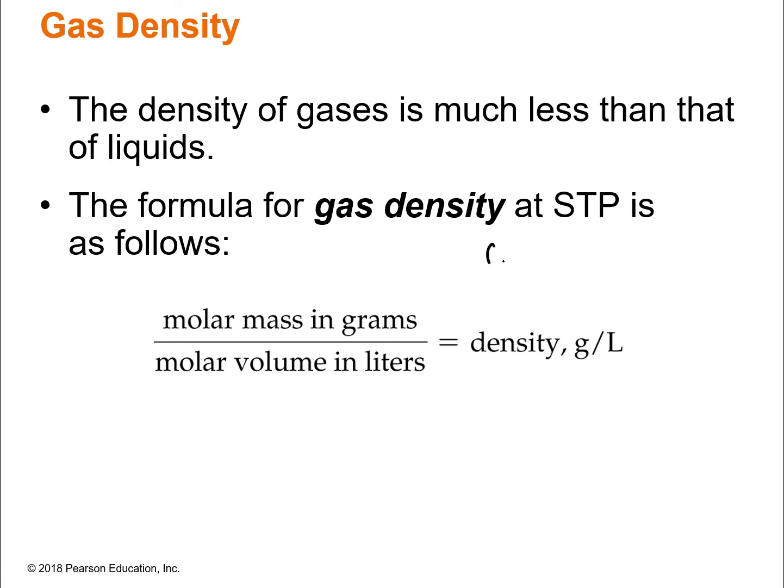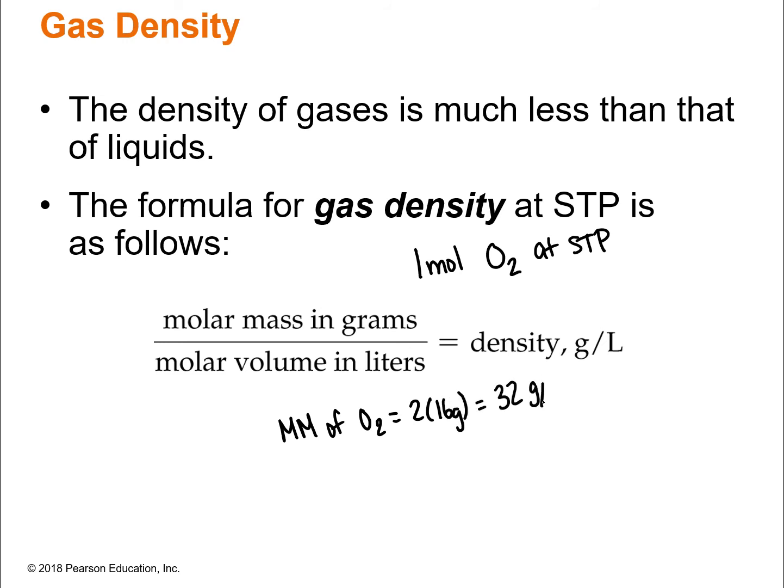So if I had 1 mole of oxygen gas at STP, I could calculate its density because I can calculate the molar mass. The molar mass of oxygen, we get 32 grams per mole there.